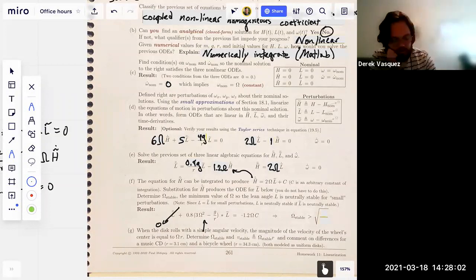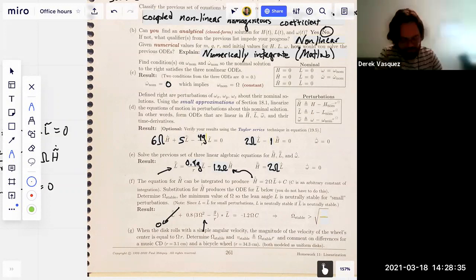So we got this from this equation right here. And we plugged in H dot. Term value of theta, so that L is neutrally stable. Oh, might that be it? Okay.